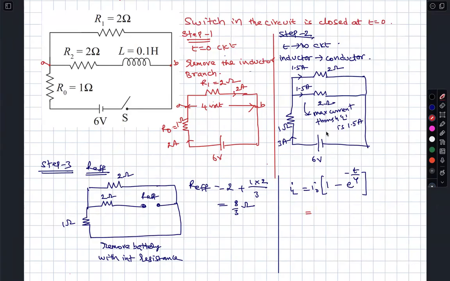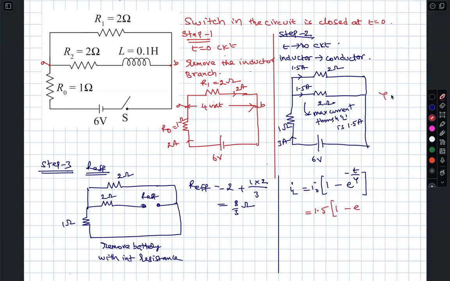Oh my goodness. Everything is on the board. Mahant, what is the maximum current through the inductor? Mahant is not there. Bhagavat, what is the maximum current through the inductor? 1.5, sir. I have shown this in step 2. Yes, sir. This is the step I have written, 1.5.